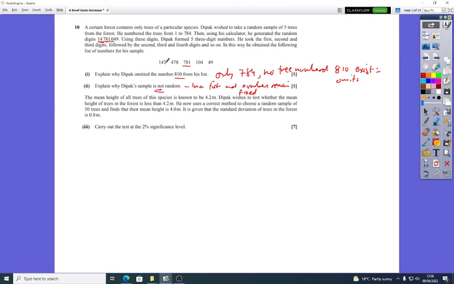So those numbers, those 4, 7, will be selected in this 4, 7 here too, and the 7, 8 will be in here.